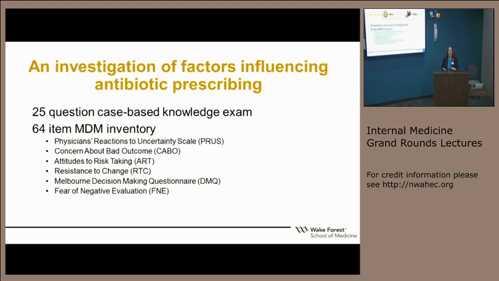So again, if you happen to participate in this study, I thank you, but we enrolled physicians and asked them to complete a baseline knowledge exam as well as a relatively lengthy medical decision-making inventory looking at reactions to uncertainty, concerns about bad outcome, risk-taking, resistance to change, a general decision-making questionnaire, and fear of negative evaluation, which has to do with concerns of how your peers would view your decisions.